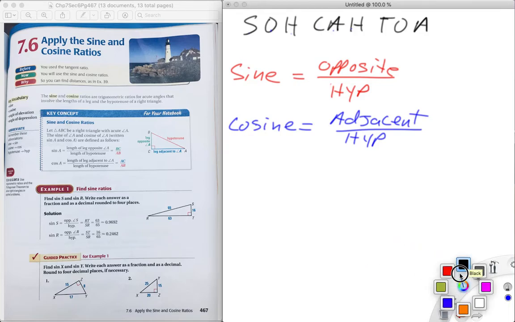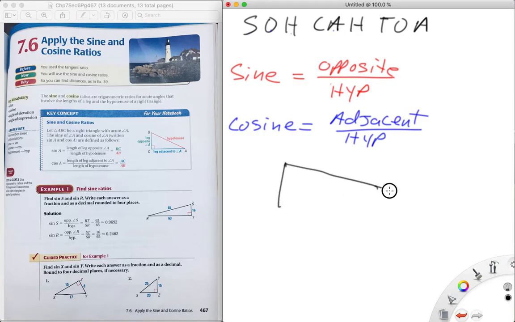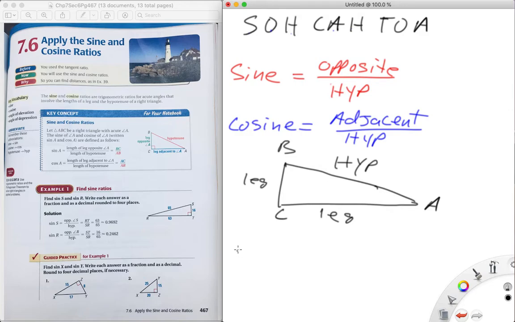So when we draw the right triangle and say this is a leg, this is a leg, this is hypotenuse, ABC, we can say that sine of A equals opposite over hypotenuse, which is BC over AC.